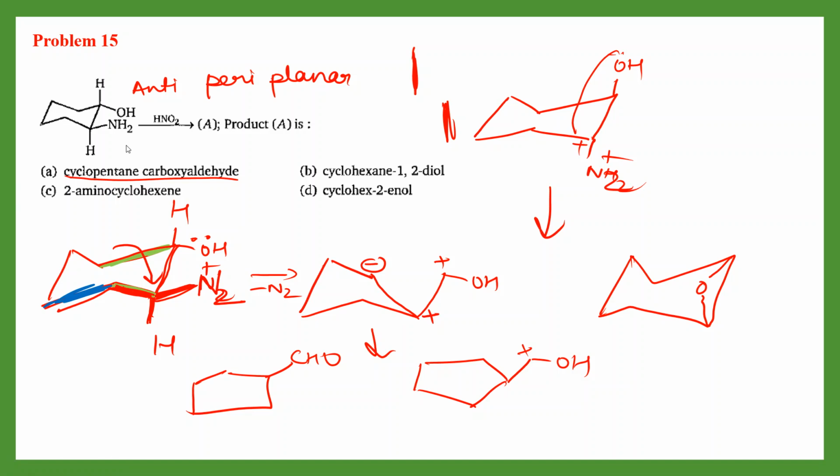So always remember, whenever they are in this form, you have to form this 5 member ring with aldehyde, and whenever they are in axial position, you have to form epoxide. Anti should be there as the most important condition, and if equatorial, you have to draw the 5 member ring. Understood now how I am doing?